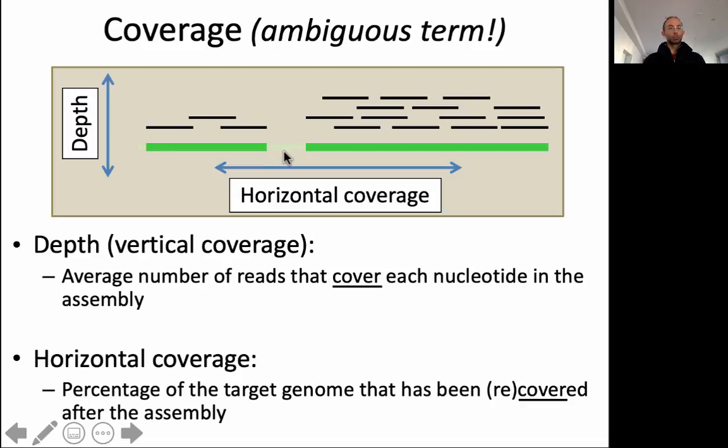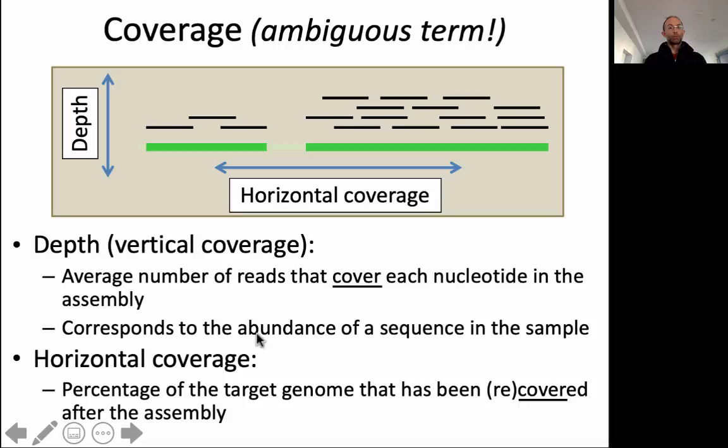What's interesting or important to remember is that the depth or vertical coverage is also representative of the abundance of the DNA sequence in the original sample. Because the sequencing reads are derived from DNA fragments, and these are randomly sampled from the original DNA fragments, the abundance of the DNA is represented in the depth of an assembled contig.